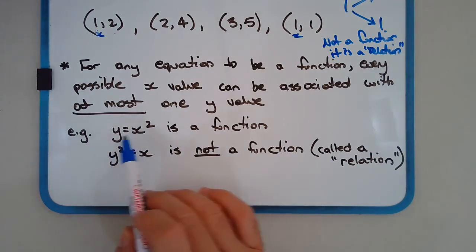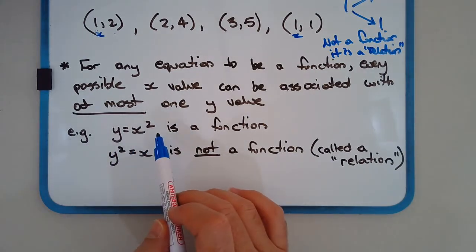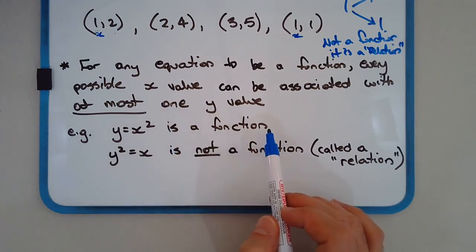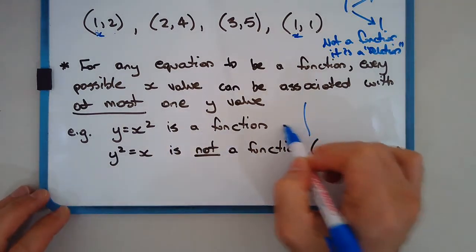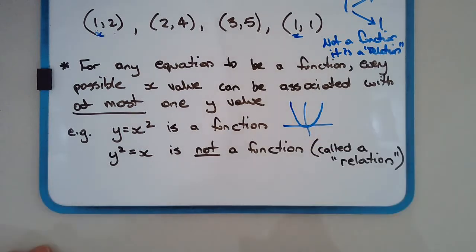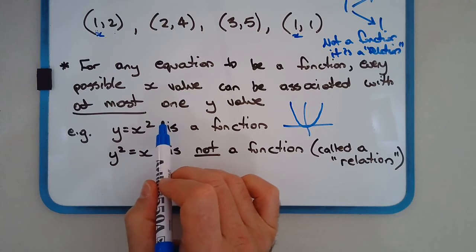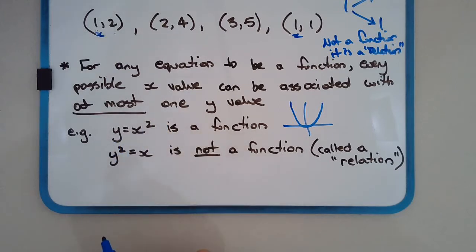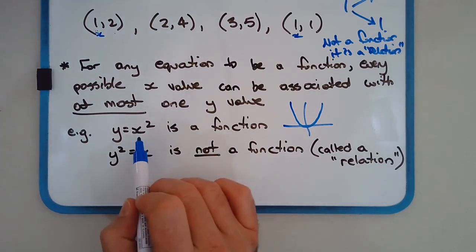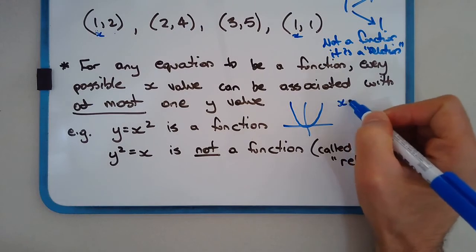So an example: y equals x squared. That would be a function. That's a parabola, so we know what that looks like. Any particular x value, when you square it, you're only going to get one possible y value. And again, the y values don't have to be distinct. Let's say, for example, x equals -3.